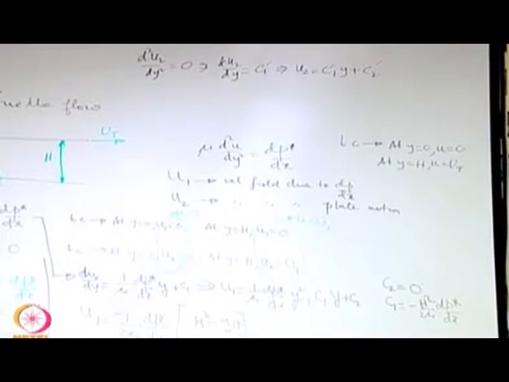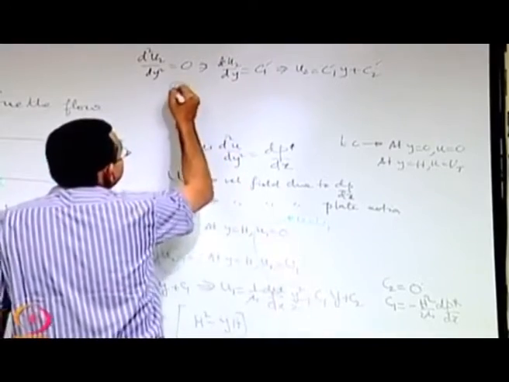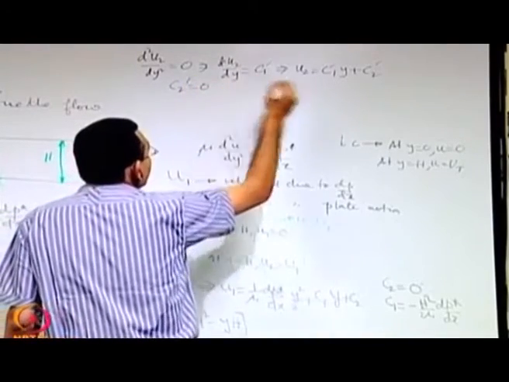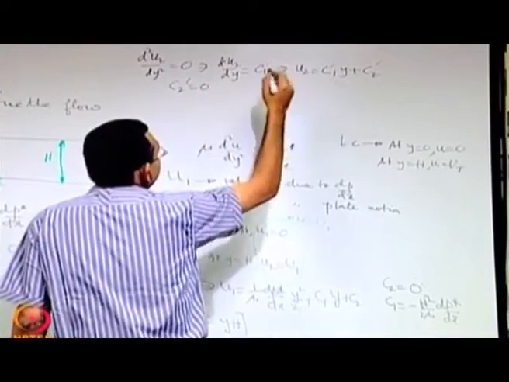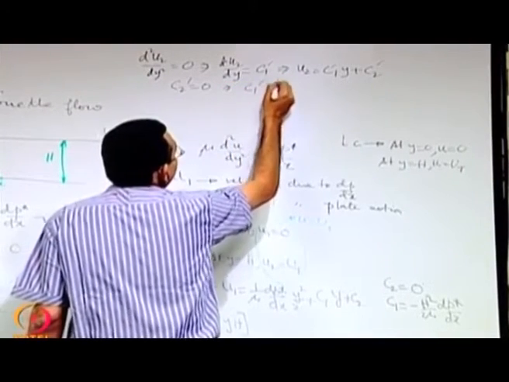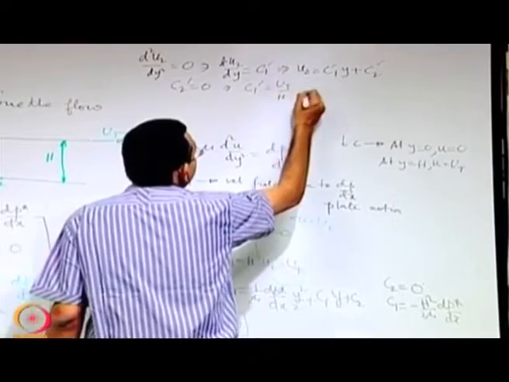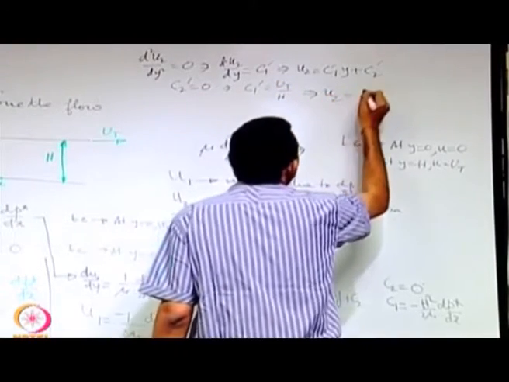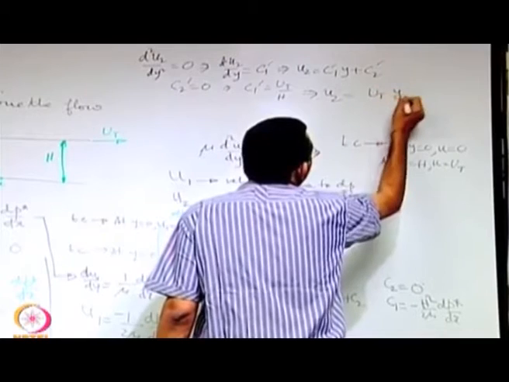So, use the boundary conditions: at y equal to 0, u2 equal to 0, that means C2 prime equal to 0, and at y equal to h, u2 is equal to ut, that means C1 prime is ut by h. So, u2 becomes ut into y by h.